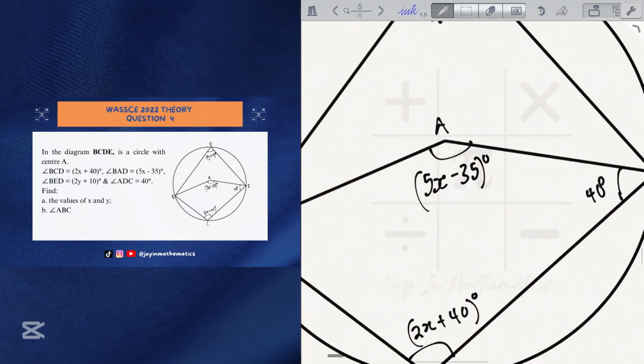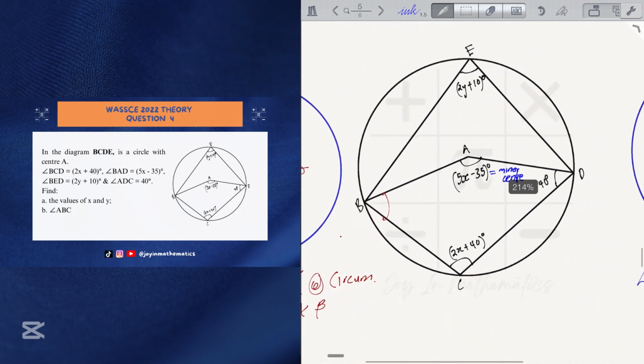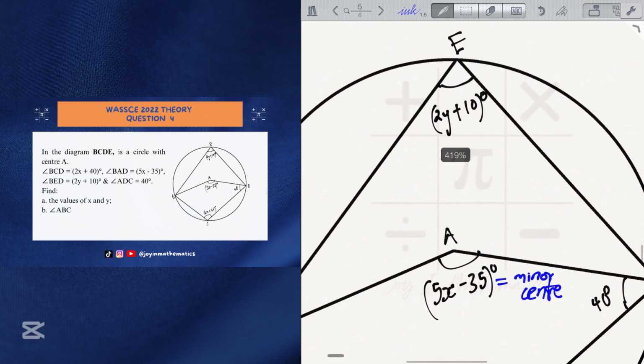So this is minor center. Now this same arc projects an angle to the circumference of 2y plus 10.